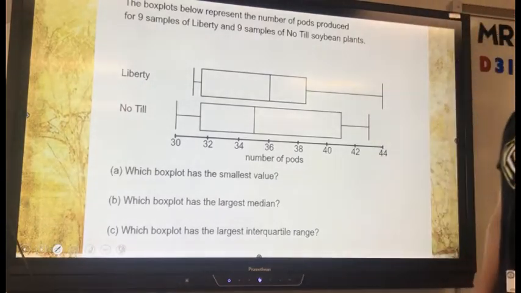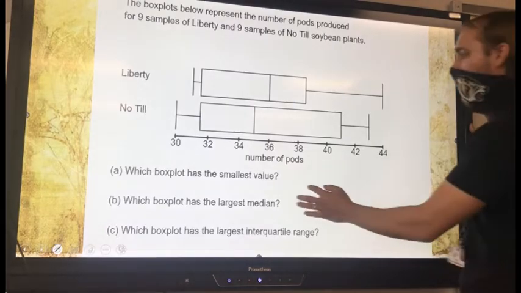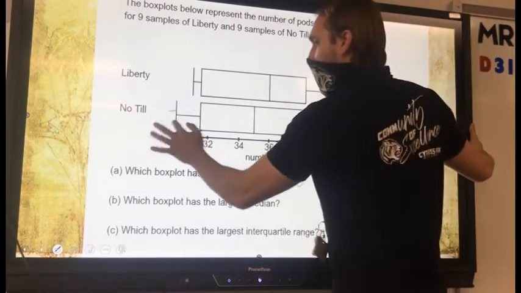Let's see if we can interpret things with box plots. Which box plot has the smallest value? Looking at this graph, who had the lowest value? Liberty or no-till? No-till, very good. Right here, right?